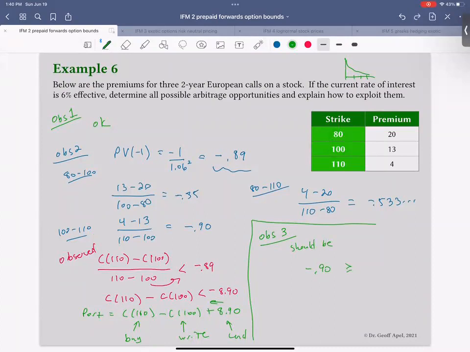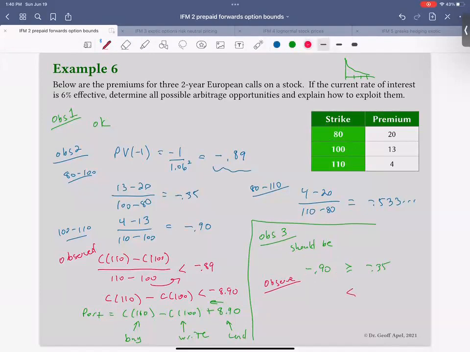But I already computed that out, negative 0.35. But oh, actually we see here there's a problem, right? Because negative 0.9 is not more than negative 0.35. It's actually the other way around. So I observe that the slope through these 2 was actually less than the slope through the other 2.